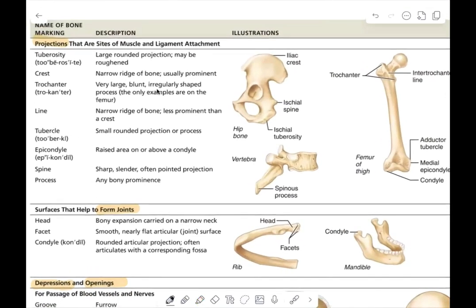We have a tuberosity, and a tuberosity is where a muscle is attached. So, for example, in the humerus, there is what's called the deltoid tuberosity, where the deltoid muscle is attached. In this chart, we have the ischial tuberosity, where gluteal muscles are attached.